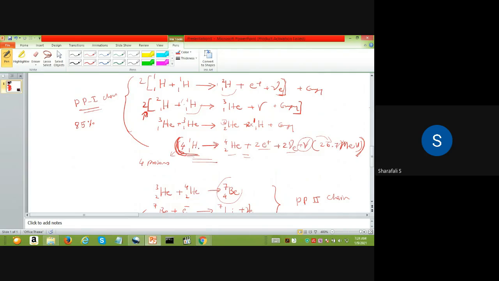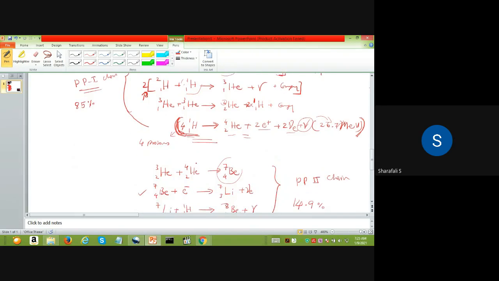Basically, 4 protons combine together and produce a helium nucleus, positrons, electron neutrinos, and gamma particles. This is what is happening in all these processes.